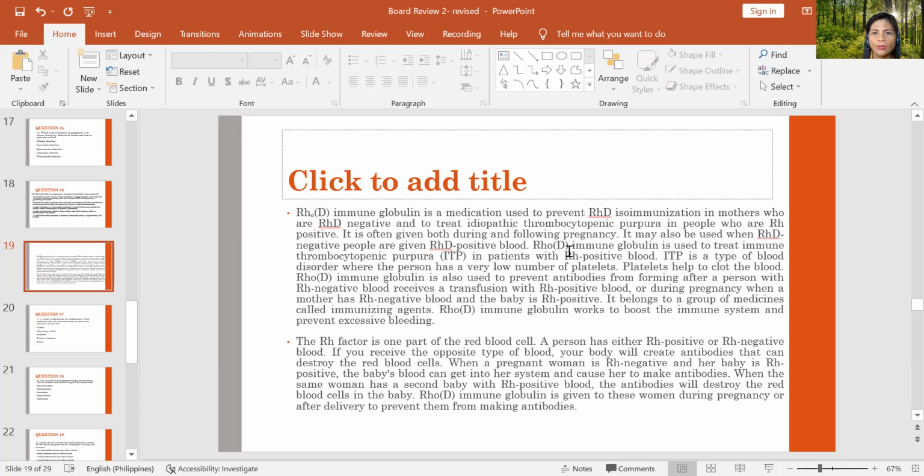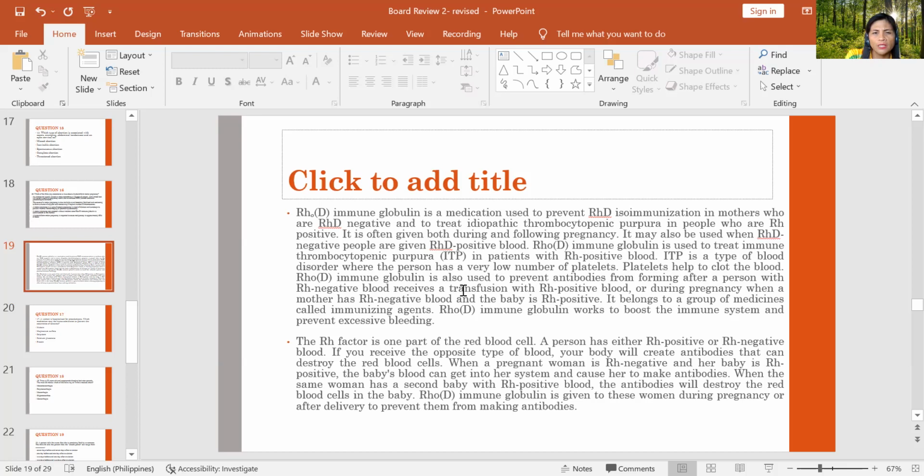Then, RhoD immune globulin is used to treat immune thrombocytopenic purpura, or what we call ITP, in patients with Rh positive blood. ITP is a type of blood disorder where the person has a very low number of platelets. So platelets help to clot the blood.